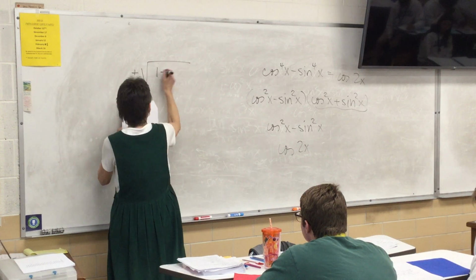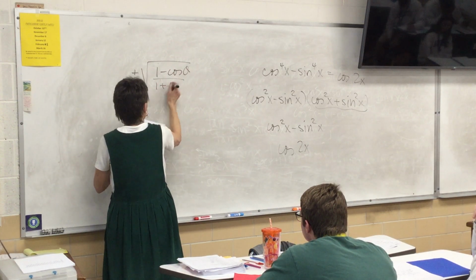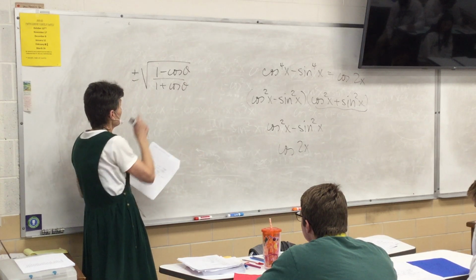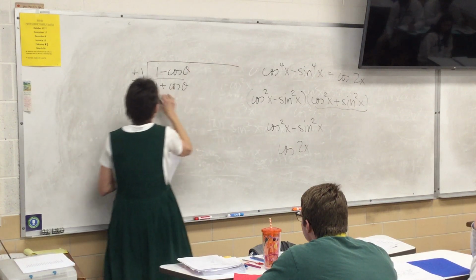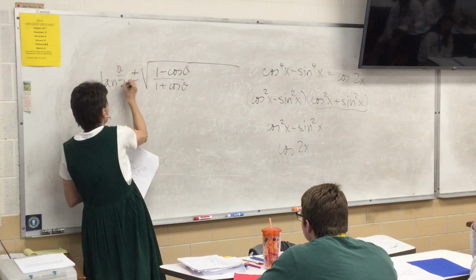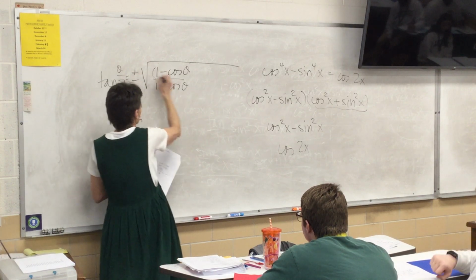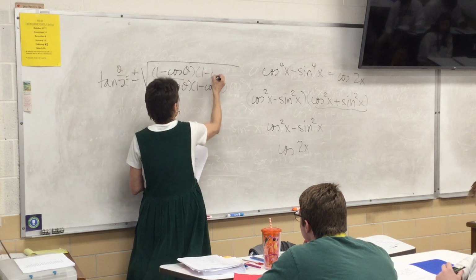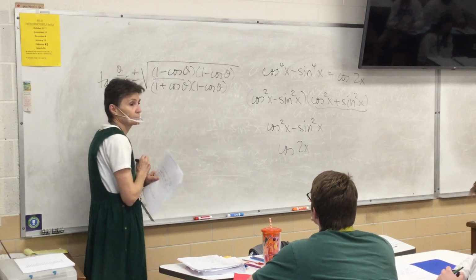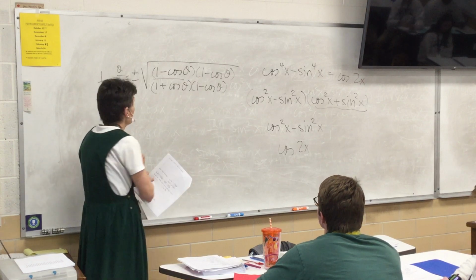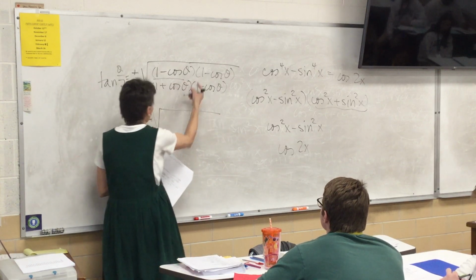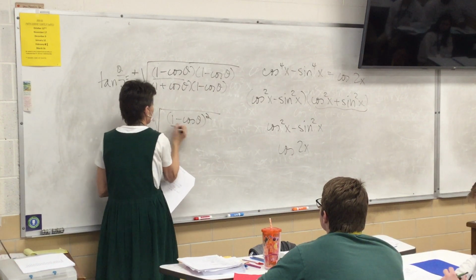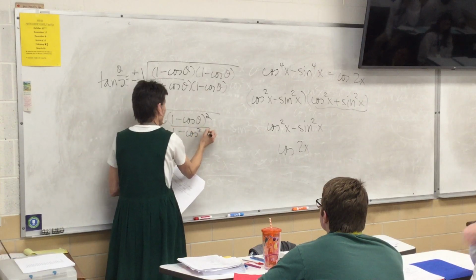This one is a little bit awkward to use sometimes, but if we, this is the tangent of theta over 2, if we multiply the top and the bottom of this fraction by the conjugate of the bottom, then you would have on top 1 minus cosine squared, and on the bottom 1 minus cosine squared.